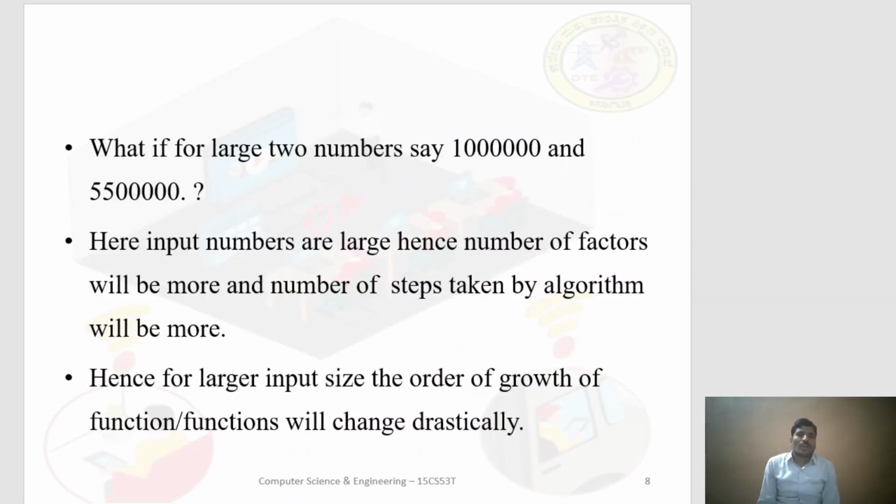Hence, the order of the functions depends on the input parameter. The larger the inputs, the more time taken by the algorithm.